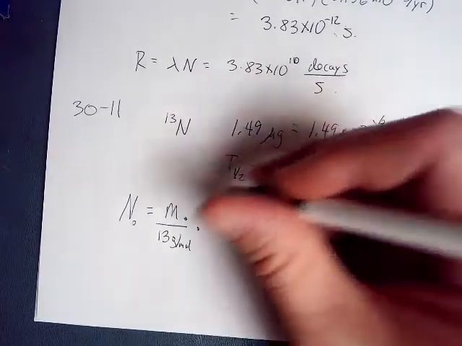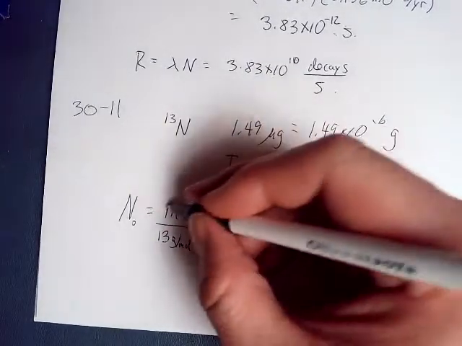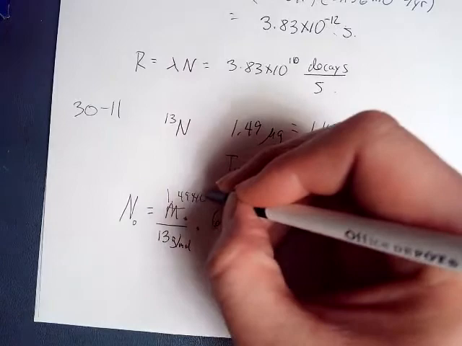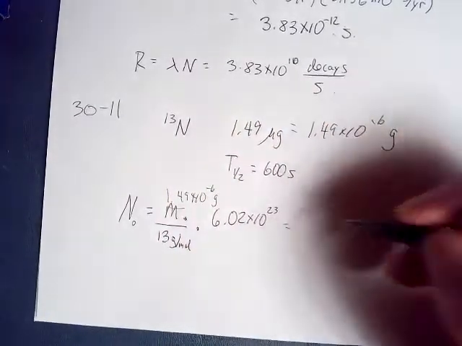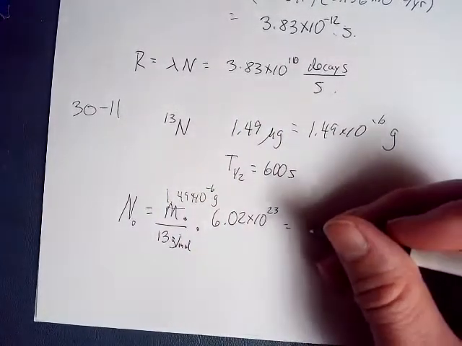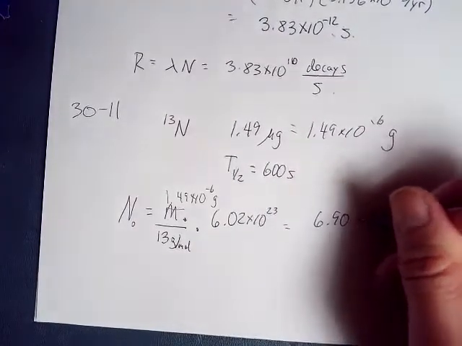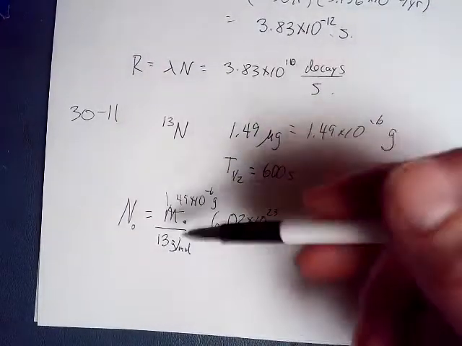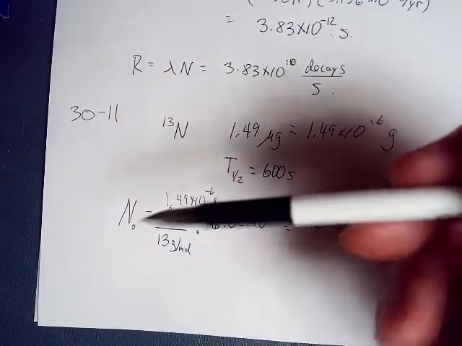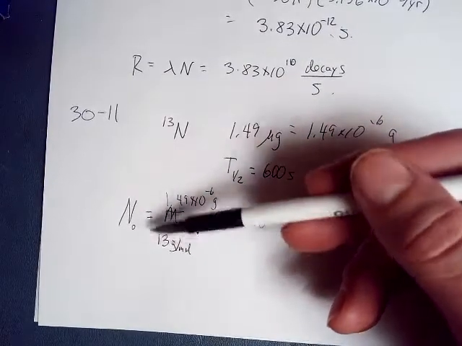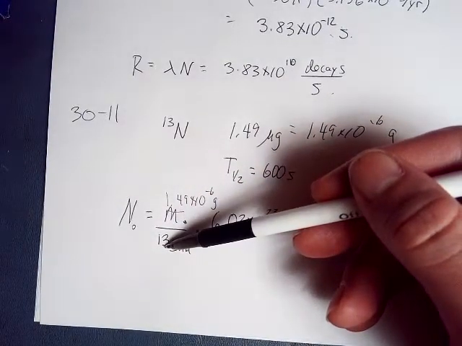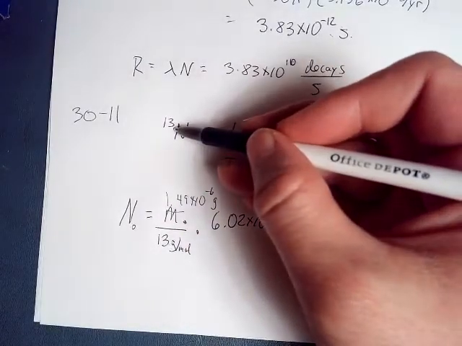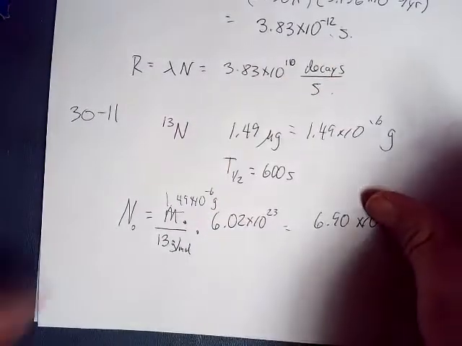Okay, everything cancels out, right? So put this 1.49 times 10 to the negative 6 grams there. And this gives us number of nuclei. That's more of a chemistry thing to me, but just try to follow. So basically, mass in grams divided by grams per mole for the substance, which in this case is the 13 there, and then multiply by Avogadro's number. Okay, so Avogadro, however you'd like to say it.